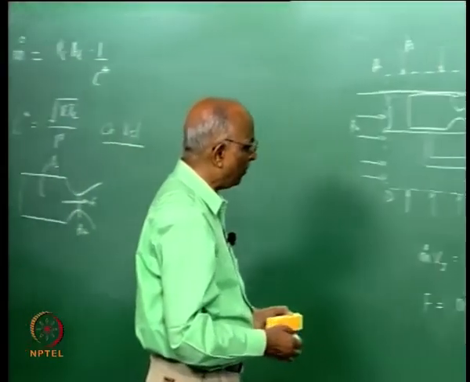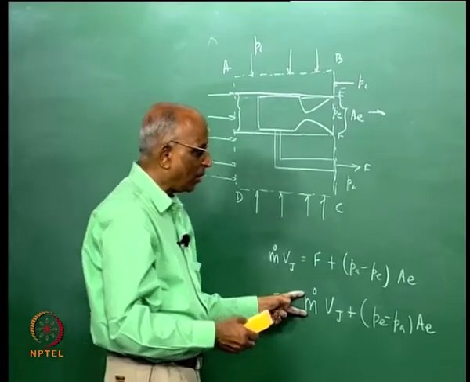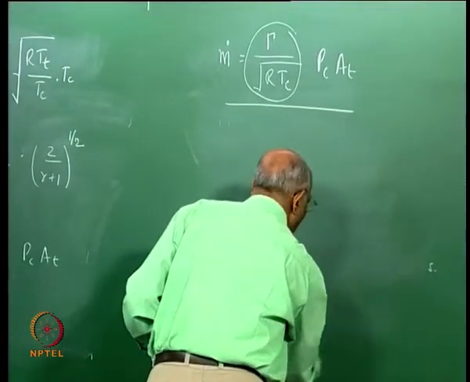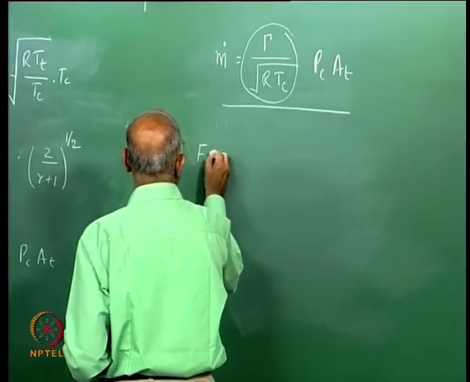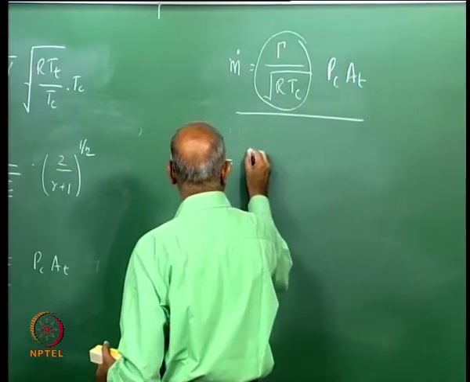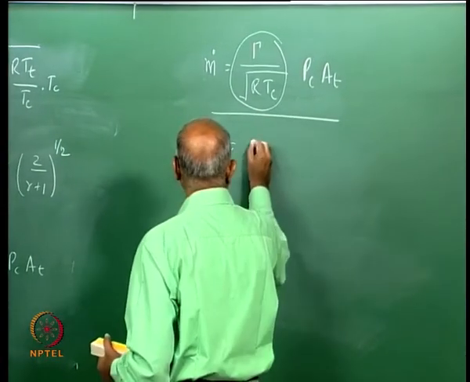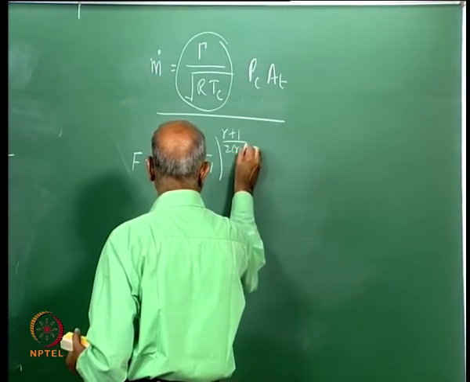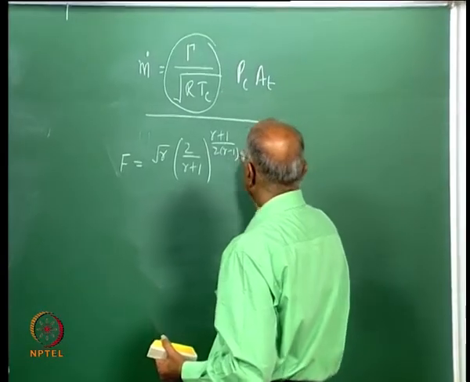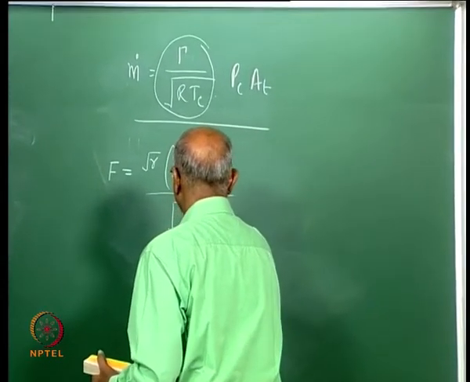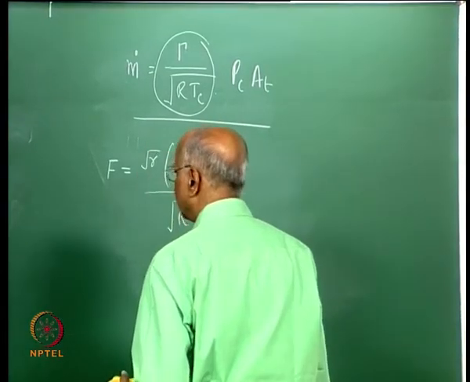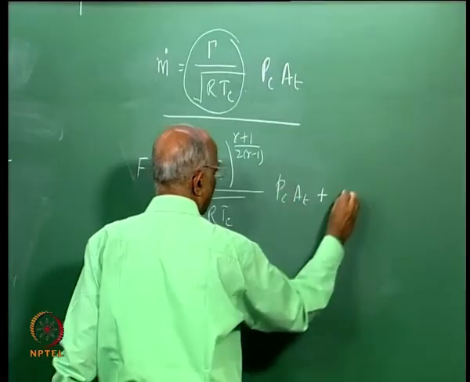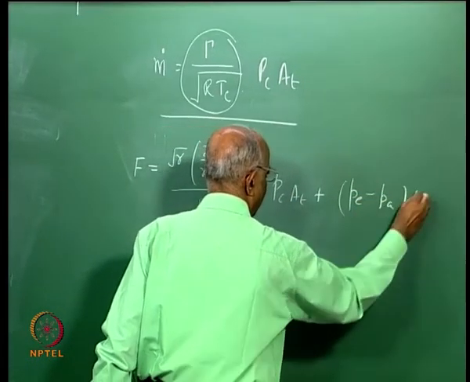Therefore, what is it we ended up doing? We wanted to find out the value of m dot, and the value of m dot we said was equal to, let us put it down, I have the value there, and therefore I can write now my force is equal to, let us write it out, let us substitute the value of gamma: under root gamma 2 over gamma plus 1 divided by gamma plus 1 divided by 2 into gamma minus 1, divided by under root RTC, into PcAt plus (Pe minus Pa) into Ae.